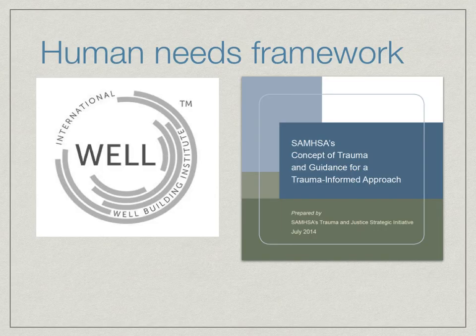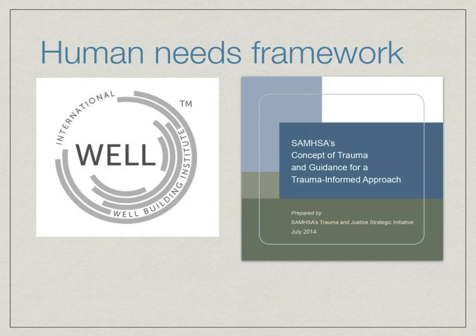A consensus of literature, as well as previous empirical study, supports the identification of a series of human needs. That's the framework that this study used. These 6 human needs support both recovery and resilience for individuals and families impacted by trauma.